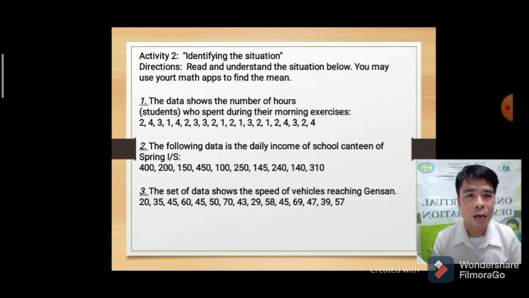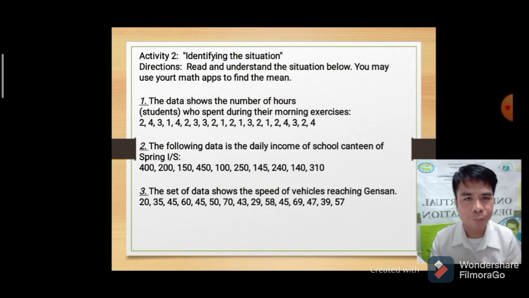Activity number 2 is identifying the situation. Directions: read and understand the situation below, or you may use your math apps to find the mean. If you have them in your houses right now or where you are watching this video, you can use your math applications to better manipulate our equations.